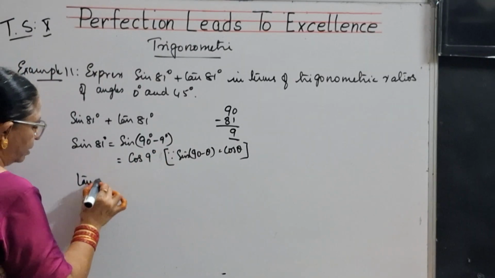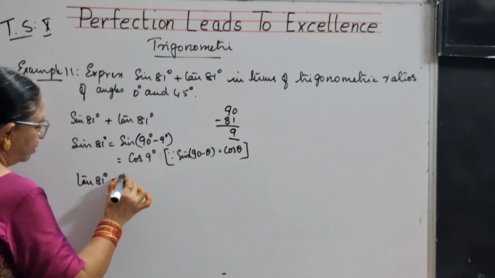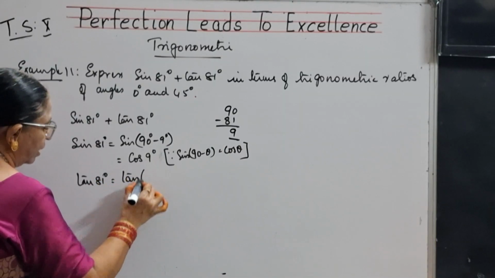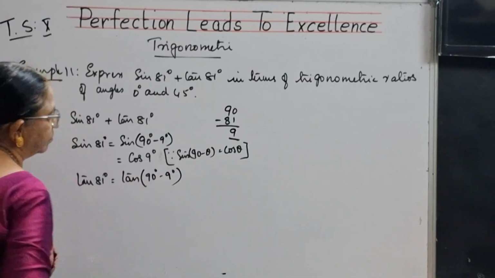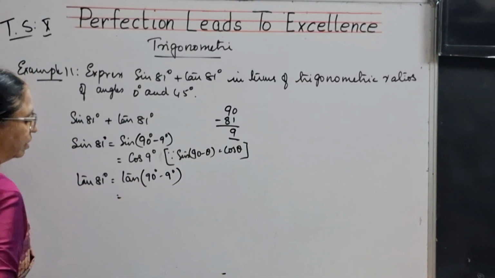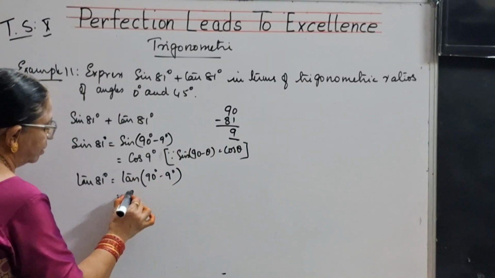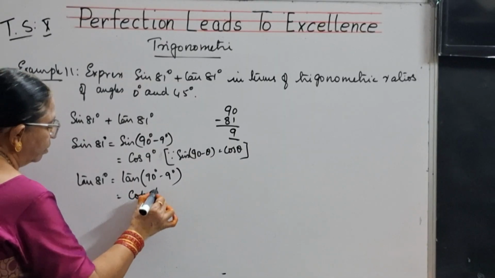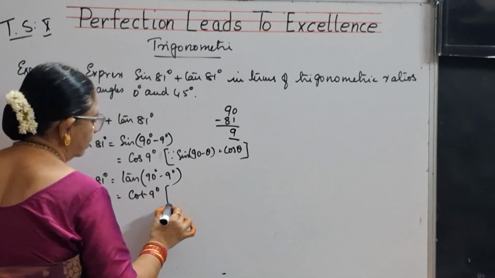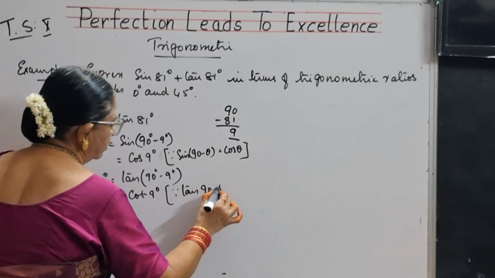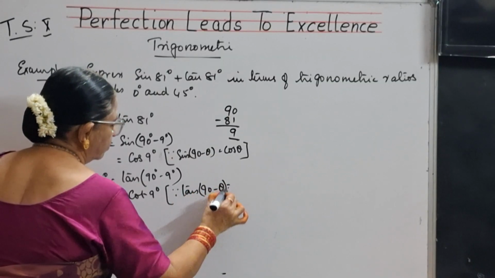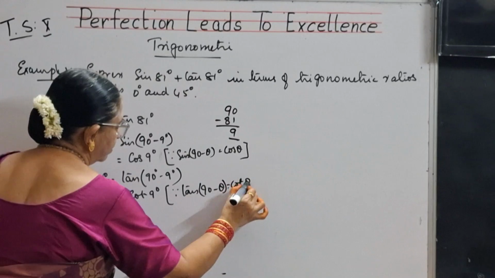Similarly, you take tan 81 degrees. This can also be written as tan of 90 degrees minus 9 degrees. This is nothing but cot 9 degrees, because tan 90 minus theta is equal to cot theta.